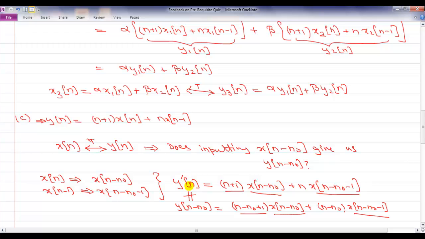My output y prime of n is not equal to y of n minus n naught. This means that this is not a time invariant system.